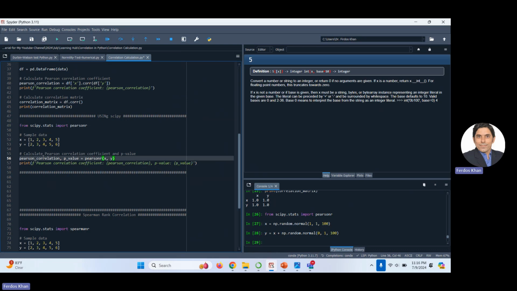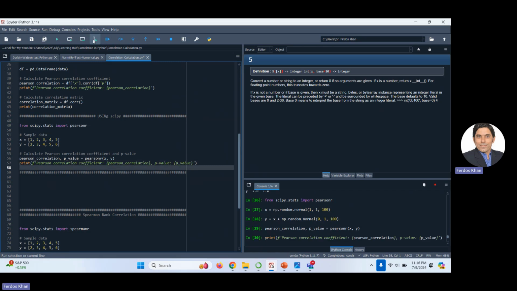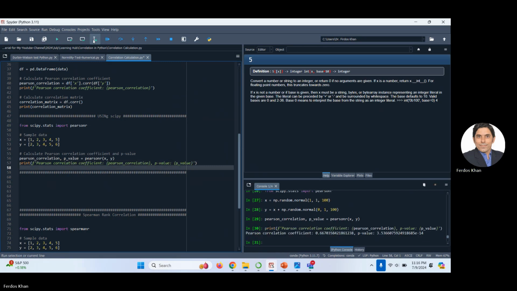Calculate the correlation coefficient, Pearson correlation, and then you can print the values. Yeah, so the value is a bit different, but remember that I generated the values again. When you generate the values, these are random values, so it can be different than the previous one.